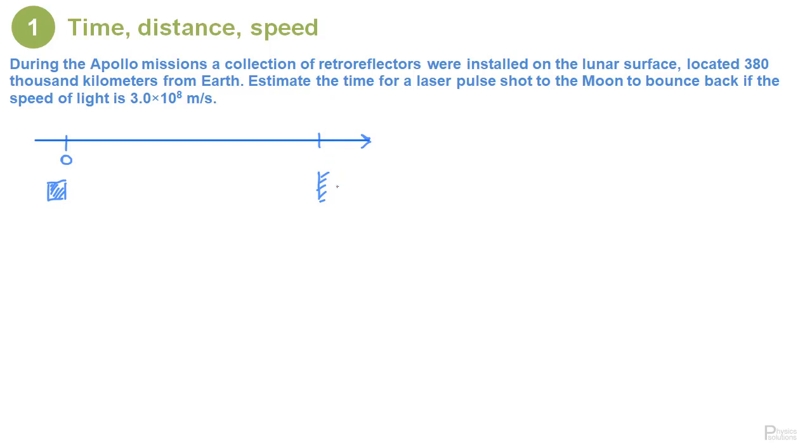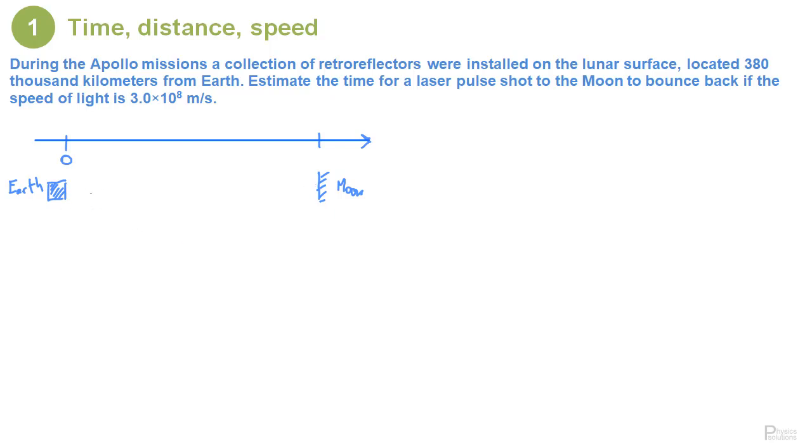So here is the Moon, and on the other side is Earth. In the exercise, we have a beam of light that is being shot from the Earth to the Moon, which will bounce back. Here we can take advantage of the symmetry of the problem, because the light will go to the Moon and back, and it will take the same time to go from the Earth to the Moon as the time from the Moon to Earth.